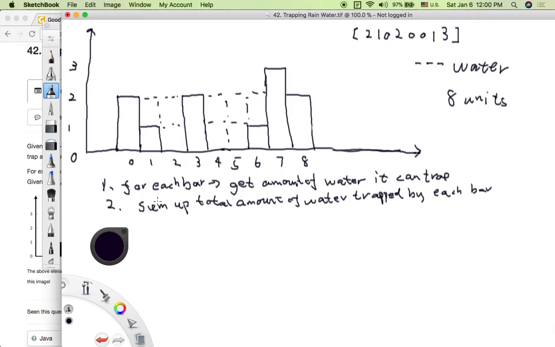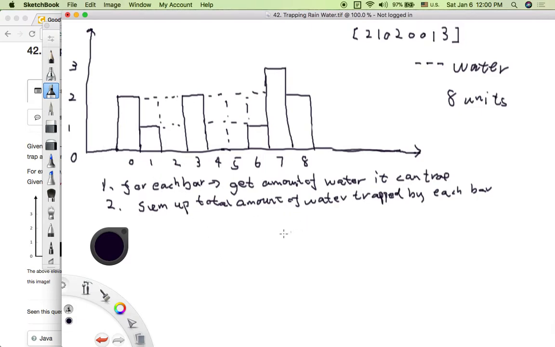So we change from the macro perspective to the micro perspective, looking at each individual bar to get the water. So what's the relationship between each bar and the amount of water it can hold?